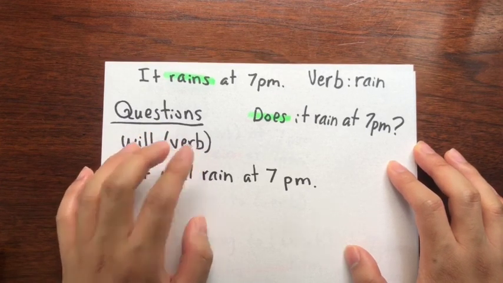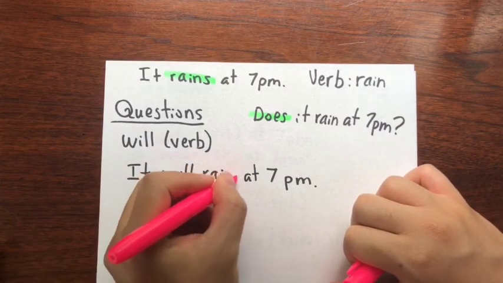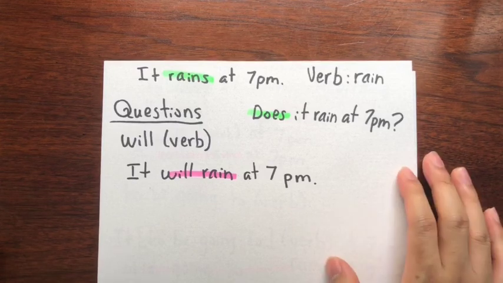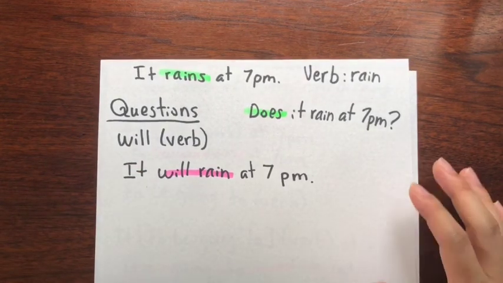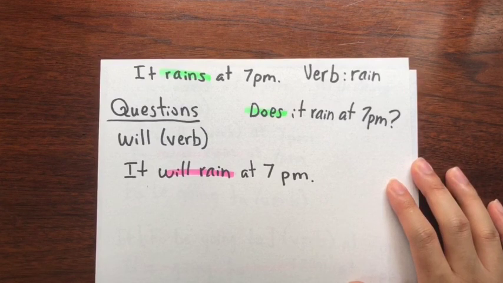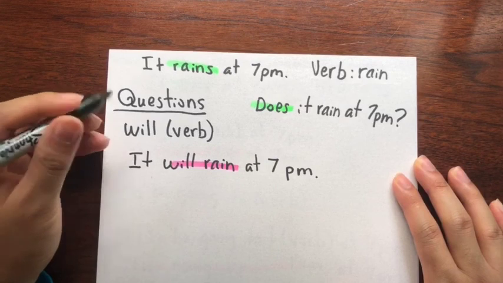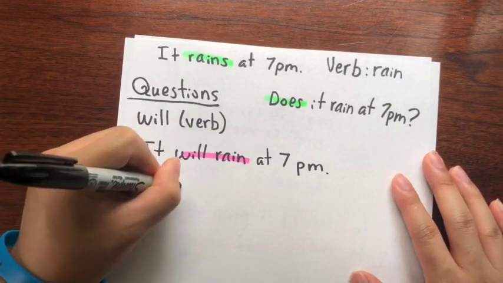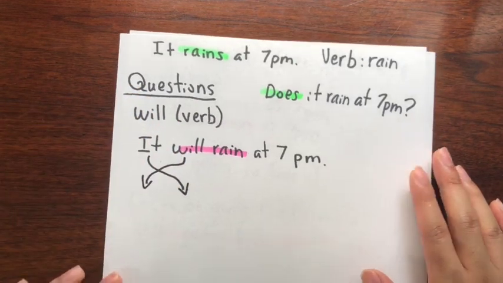So we know that with will verb, we turn the sentence to, it will rain at 7 p.m. But now let's turn this into a question. We want to know if it will rain at 7 p.m. So when we write a question, we switch the subject and the first verb.